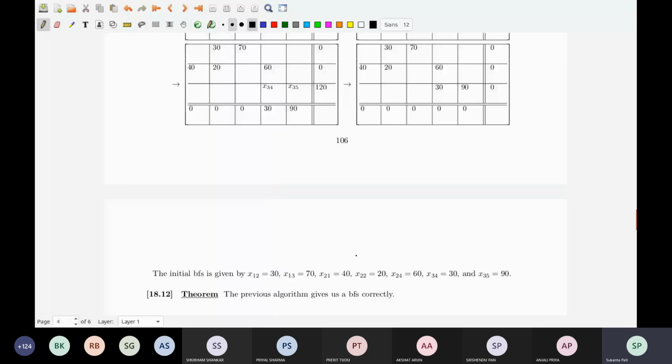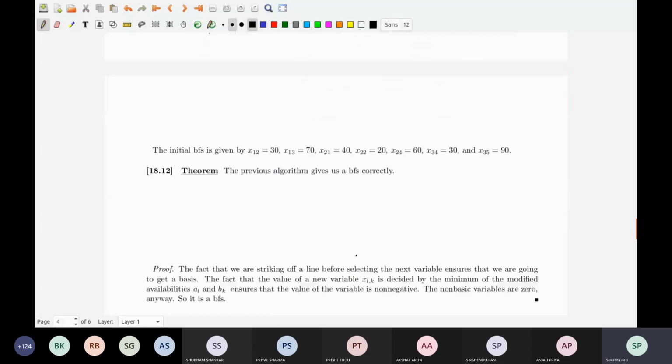So this whole set of variables is linearly independent, and the values are greater than or equal to 0. So that is a BFS only. Okay, so that is what the argument is.